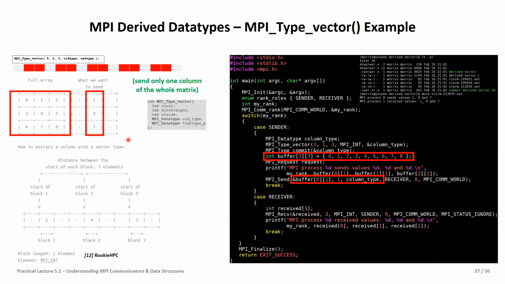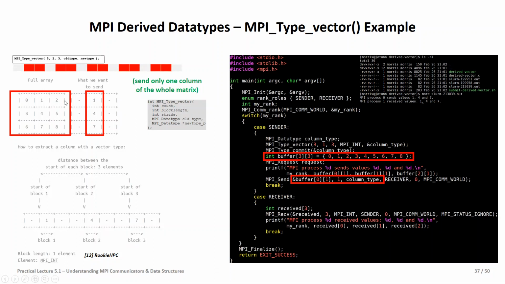So this is something you have to say. You say how many of those you want. You say how long one of these blocks you want to send is. You see here, let's say we want to send 5: 1, 2, 3, 4, 5. Each of these blocks is actually 2, and the stride, that's why there's always a blank in between, is 3 here, in order to say where the next start of the block is.